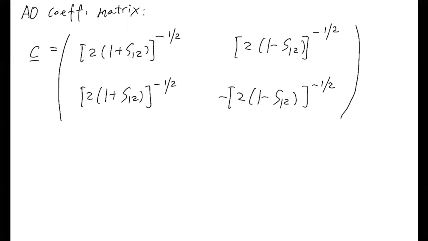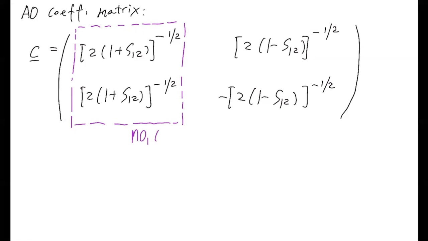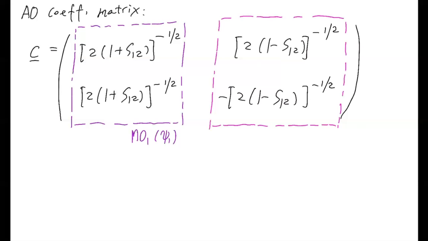The first column represents the atomic orbital coefficients for molecular orbital 1, psi 1, and the second column represents the atomic orbital coefficients in molecular orbital 2, that is psi 2.